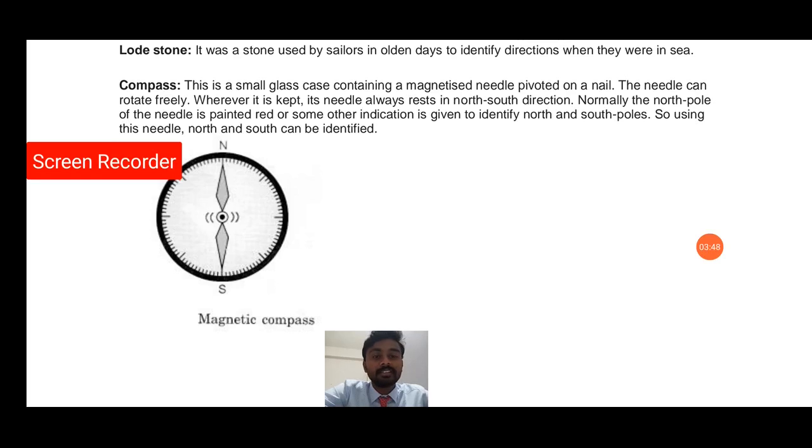So using these needles and this compass, we can identify the north and south directions, and also the north pole and south pole.